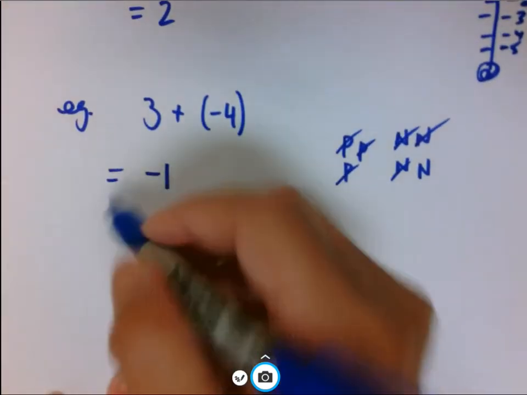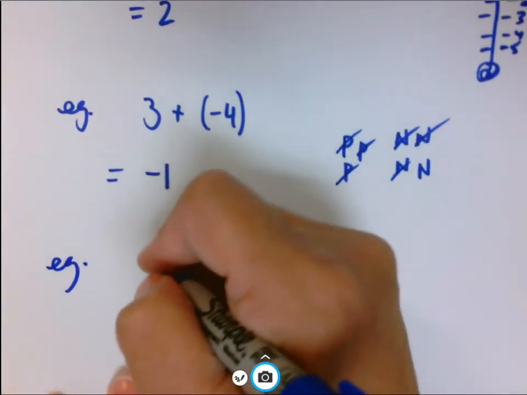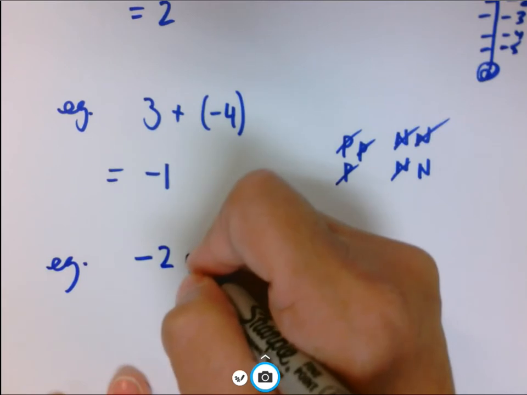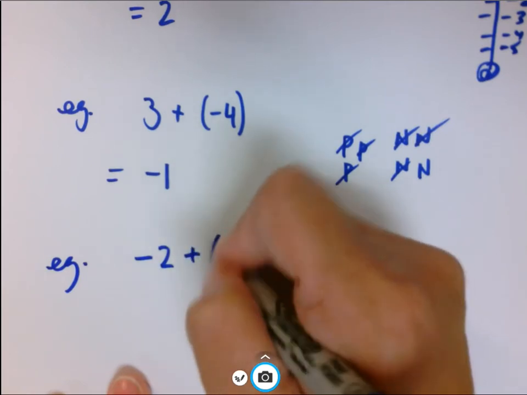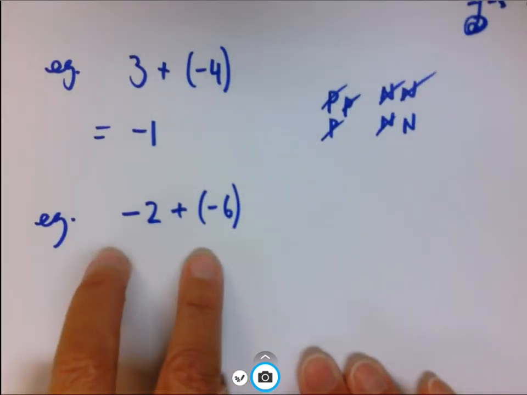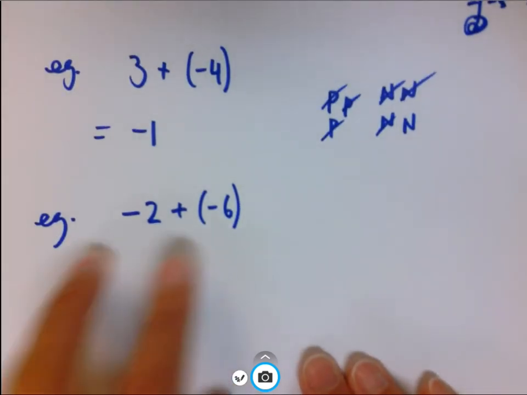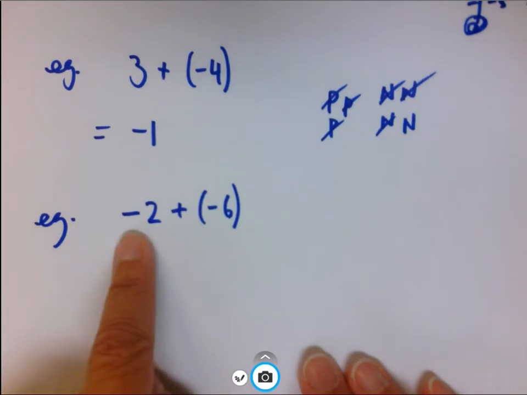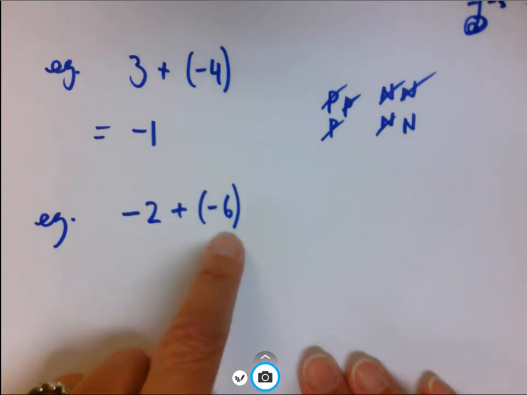Okay, let's add 2 negatives and 6 negatives. So this is that rule that we have to be very, very careful with. Yes, it's 2 negatives, but will the answer be positive? Your temperature is -2, and we're adding cold, which means we're going to go colder. We're going to get more negative.